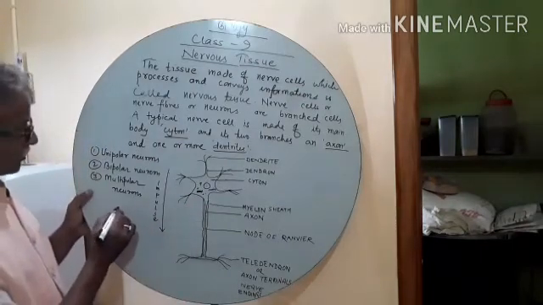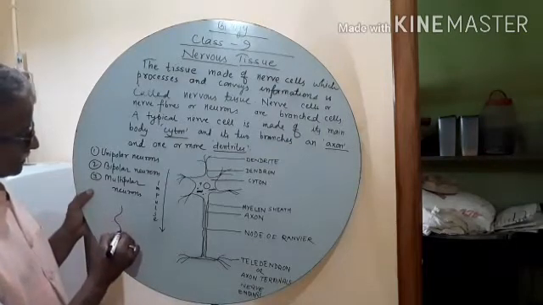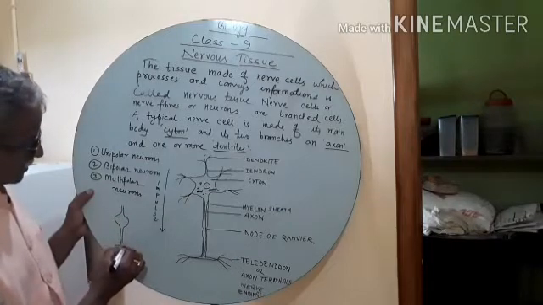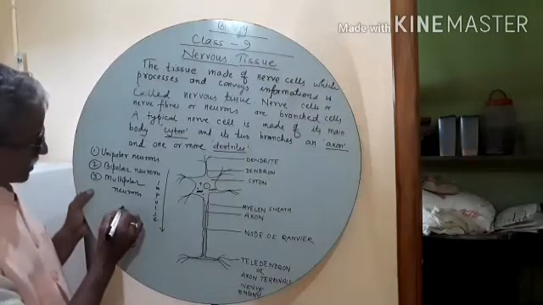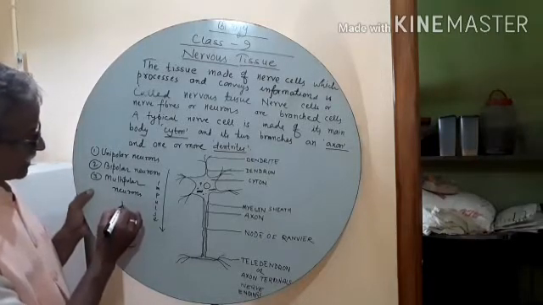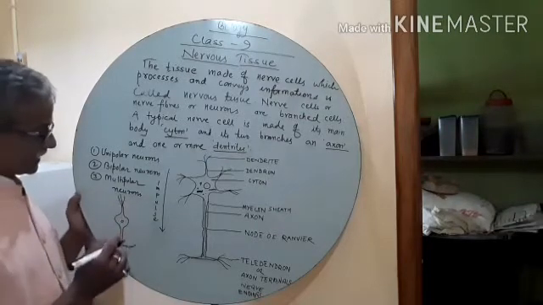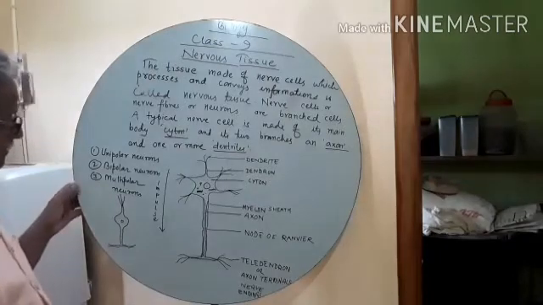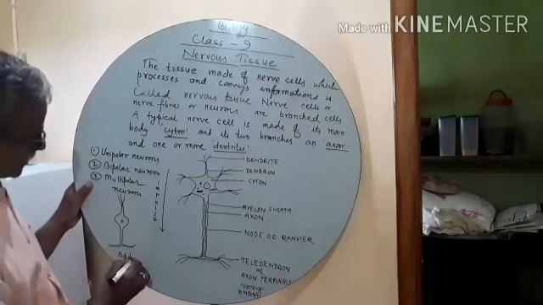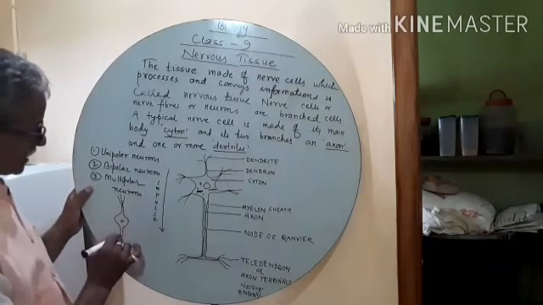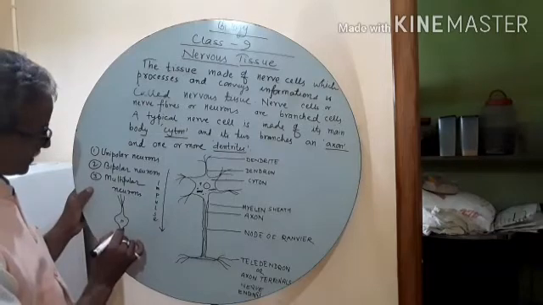and a bipolar neuron is just like this, which has an axon and a single dendron with dendrites. This is a bipolar neuron because there are two poles, an axon and a dendron.